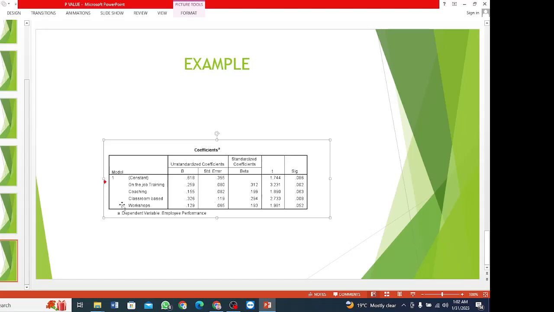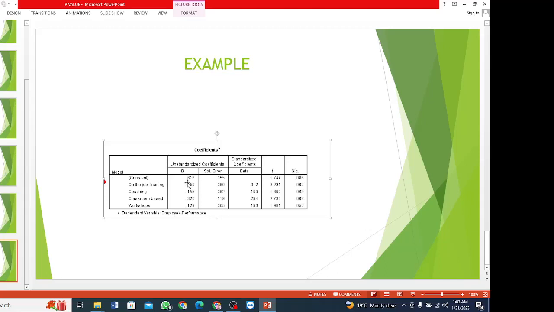So therefore, we conclude that workshop does not have an effect on employee performance, and therefore in your final model you would eliminate this variable, that is workshop, and also coaching, since they do not have a statistically significant effect on employee performance, and therefore you would remain with on-the-job training and classroom-based training, which have a statistically significant relationship with employee performance.